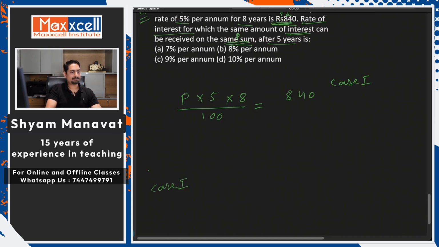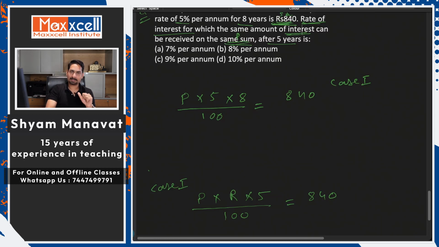On the same principal with a different rate of interest, when time is 5 years and you want the same simple interest. Read the second part of the question again: rate of interest at which the same amount of interest can be received on the same sum after 5 years.